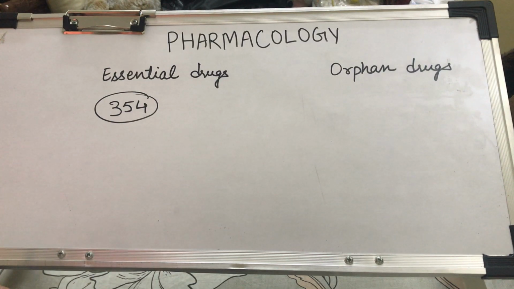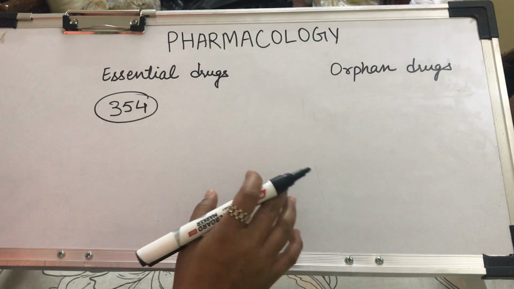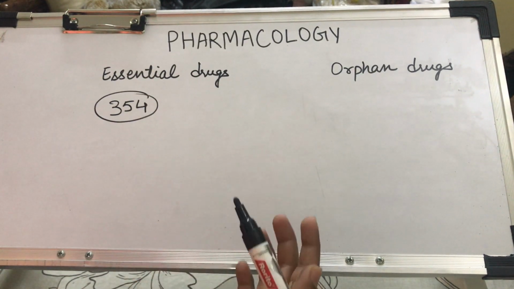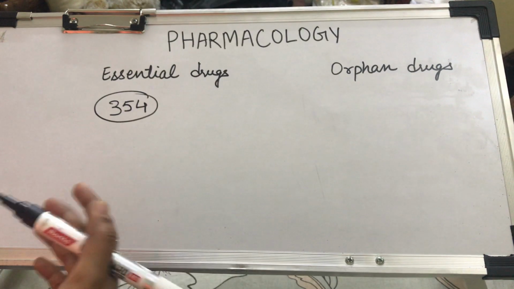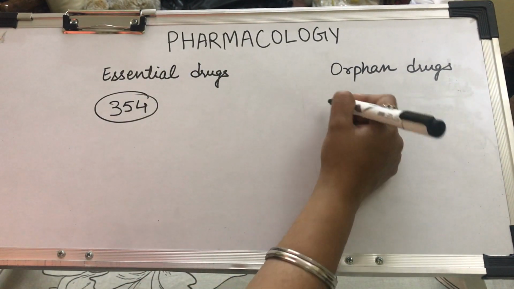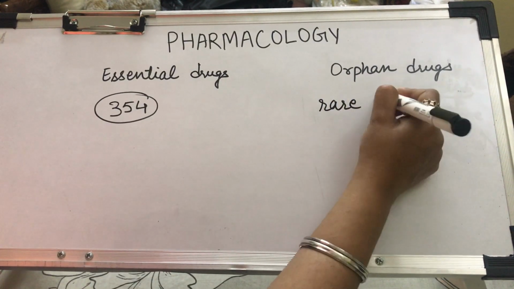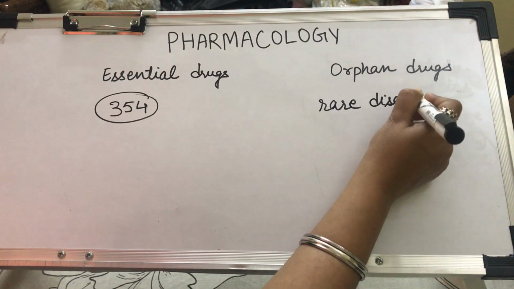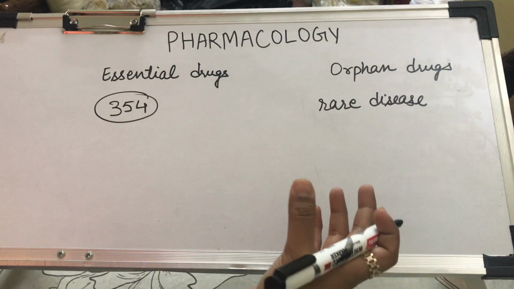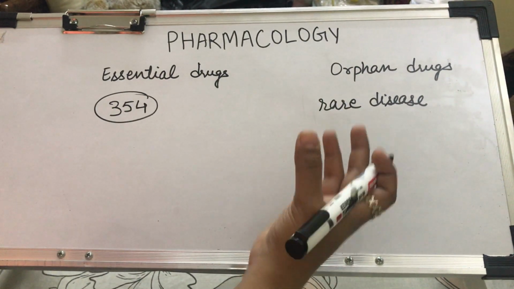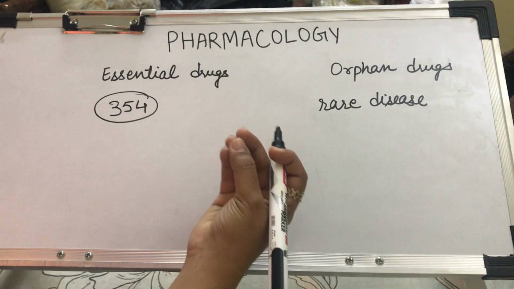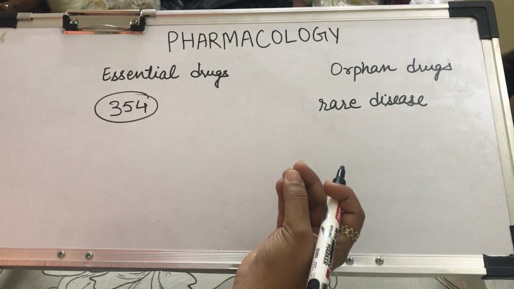See, orphan drugs are like any other drugs which are used for the diagnosis, prevention and treatment of a disease, but in this case the disease is a very rare disease, and because it is very rare and a very small population is consuming these drugs, the profit the company is getting is very less.